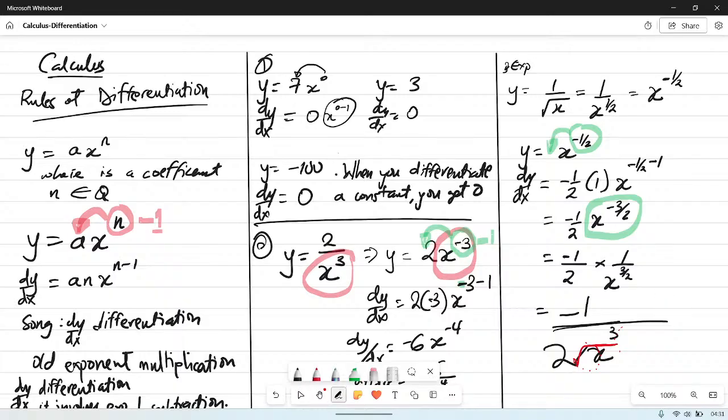So if you have maybe x raised to the power 3 over 4, it becomes the fourth root of x raised to the power what? 3. Are you okay? You have x raised to the power 7 over 9. It becomes the ninth root of x raised to the power what? 7.